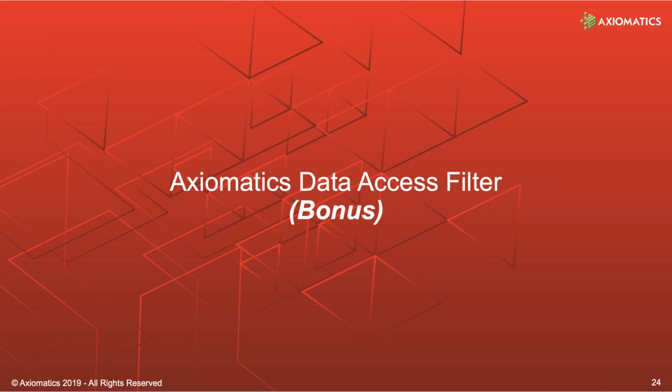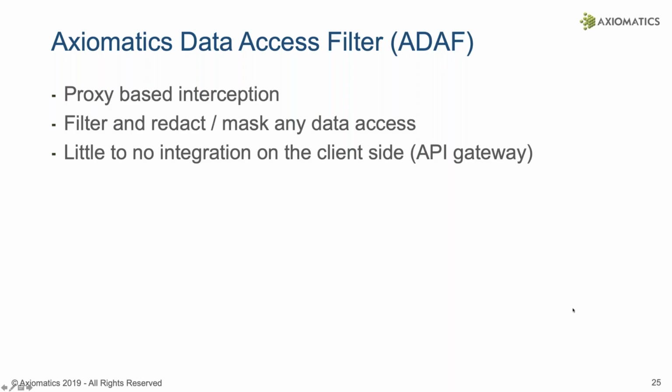The API gateway would be completely unaware of any filtration or masking happening if you leverage this type of technology. Axiomatics Data Access Filter leverages proxy-based interception. It's a proxy that sits in between the gateway and the data source and can filter, redact, and mask any data access to that data store.